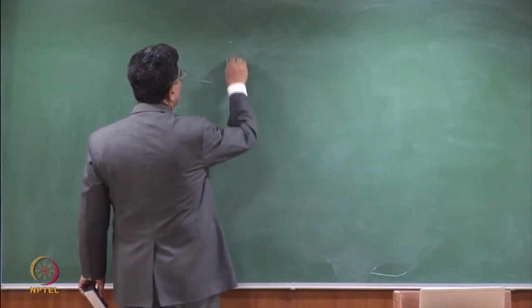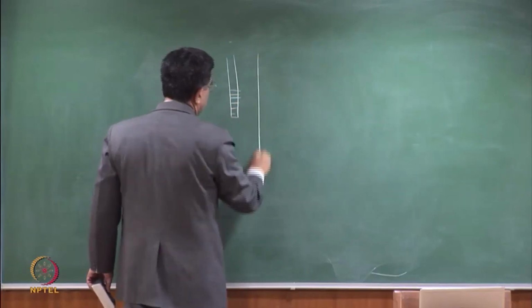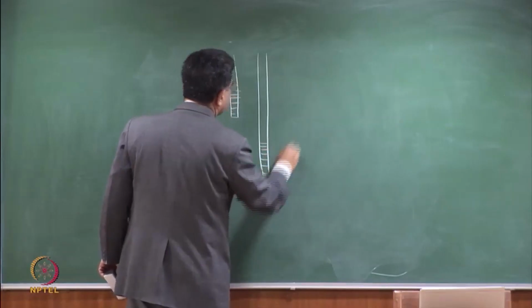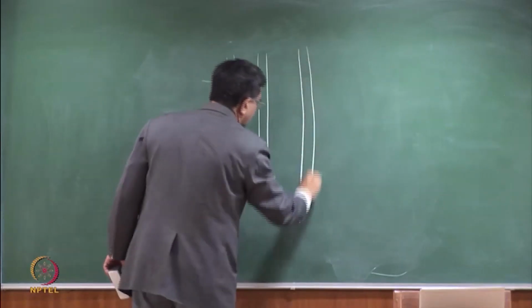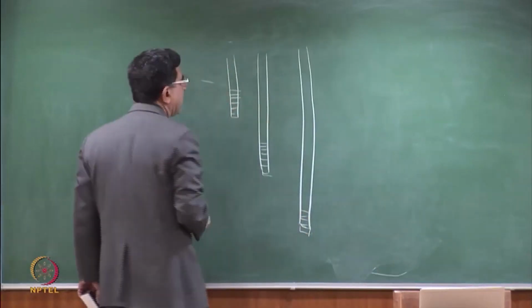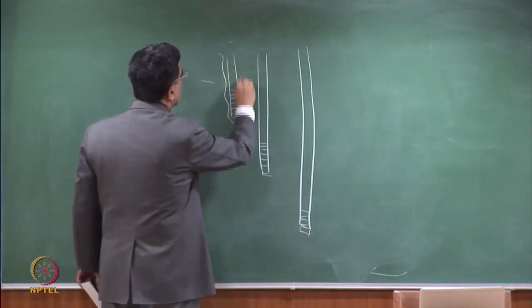One option is to put my wells in 3 separate boreholes. Please note, this is called a well cluster. I have 3 separate boreholes. These are my boreholes.